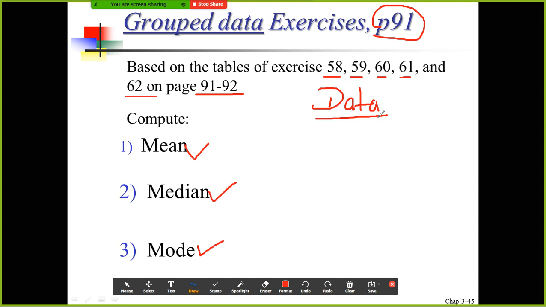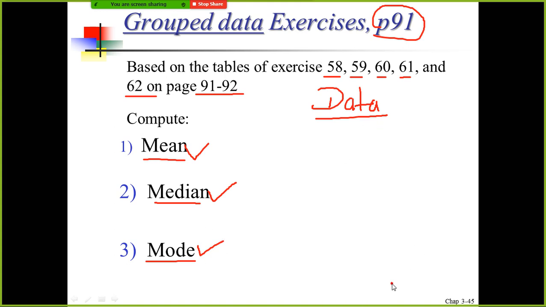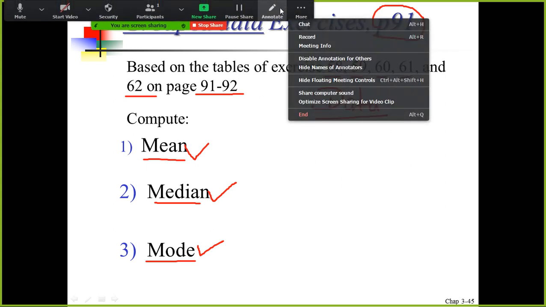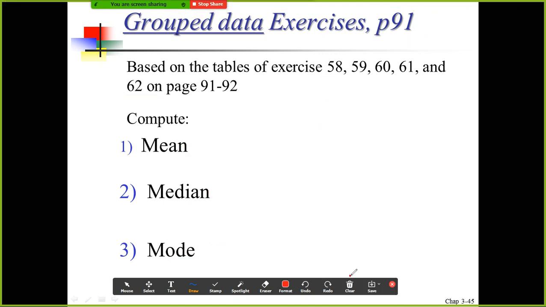Use those data to answer mean, median, mode. Okay? Clear? Yes. Okay, clear.